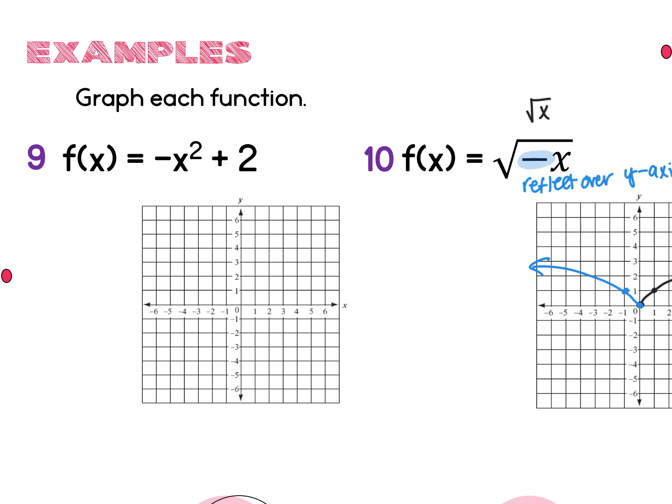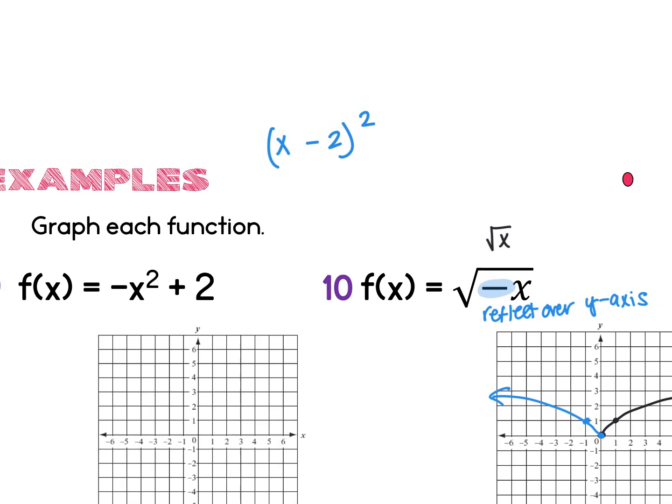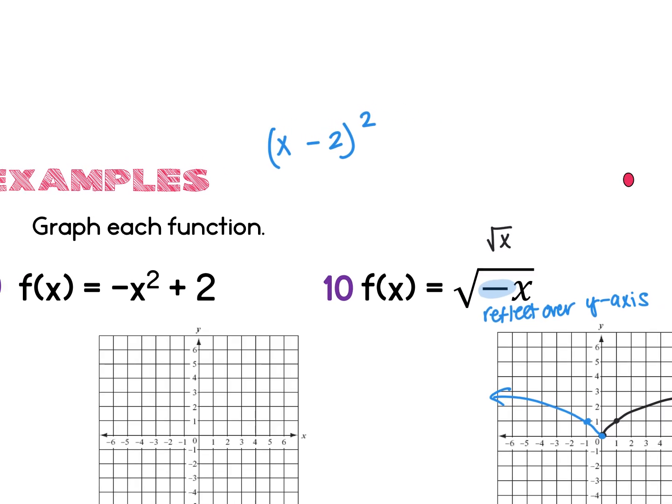So just a refresher. If I have, let's say, x squared or x minus 2, and it's something like this, I told them that we should know that this is a horizontal shift, okay? This is a horizontal shift, and this is a vertical shift.